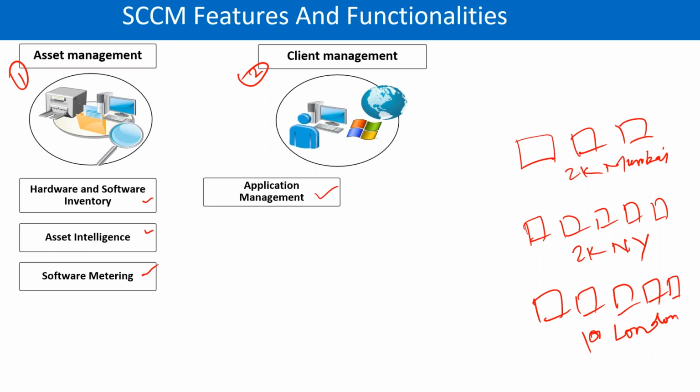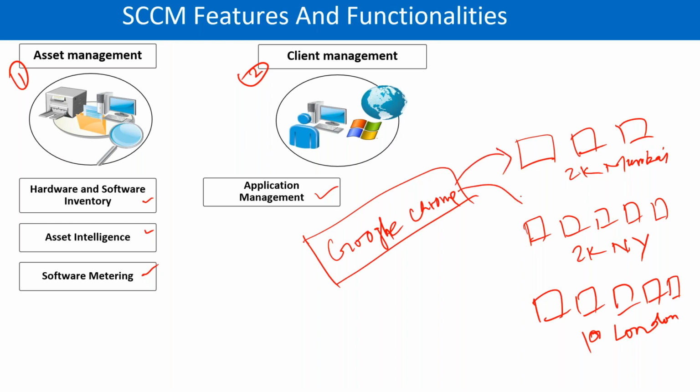And you need to deploy Google Chrome, or any application, not just Google Chrome, to these devices. Either you install manually on these 14,000 computers, which will take ages, right? Or you can upload Google Chrome into SCCM, and through SCCM you can deploy Google Chrome to these devices in Mumbai, New York, and London. Got it, everyone?